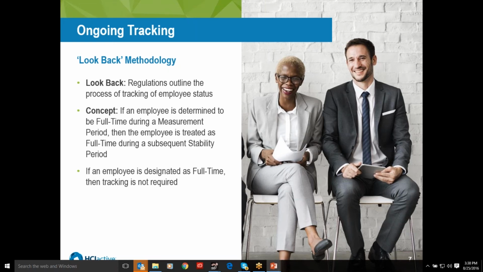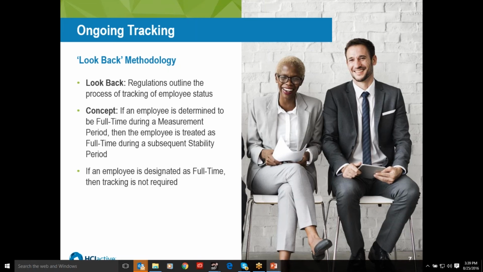where we look at the employee's hours worked. And then comes the admin period where we run the calculations, the algorithms, and we can make a determination on their full-time or part-time status. After that becomes the stability period, where if they are determined to be full-time equivalent, then they are eligible for an offer of coverage during that stability period.